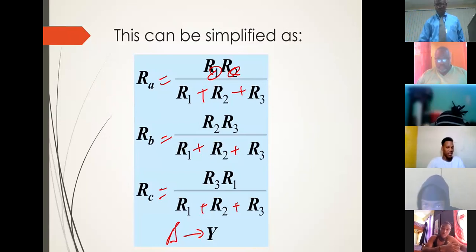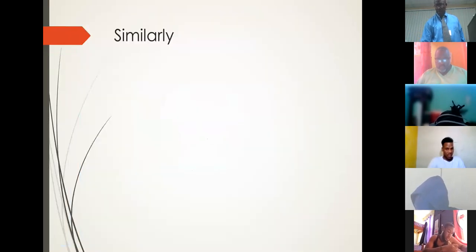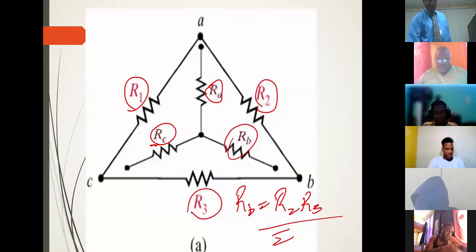It's still a part of the 1, 2, 3. For example, you say R2 times R3 over R1 plus R2 plus R3. So I'm asking, is RB a part of the 1, 2, 3, sir?